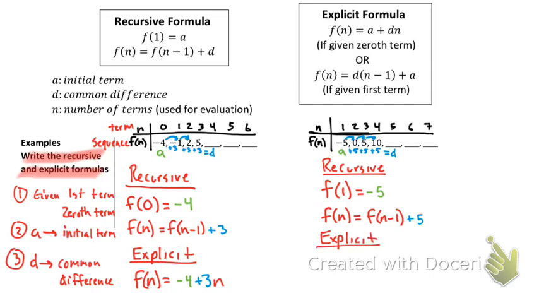So the explicit formula now is, since we have a first term, see the 1, I'm going to use this formula here because I'm given the first term. So f of n equals, now I want my d value.